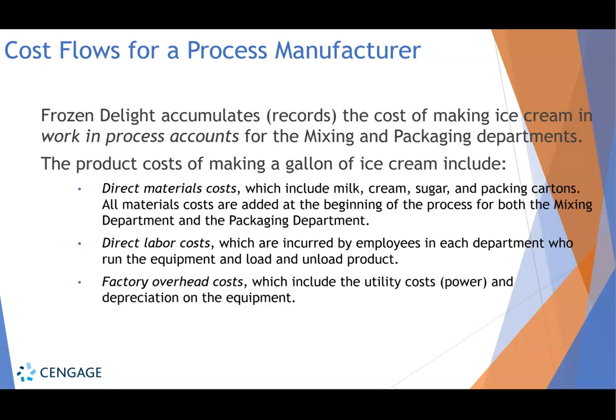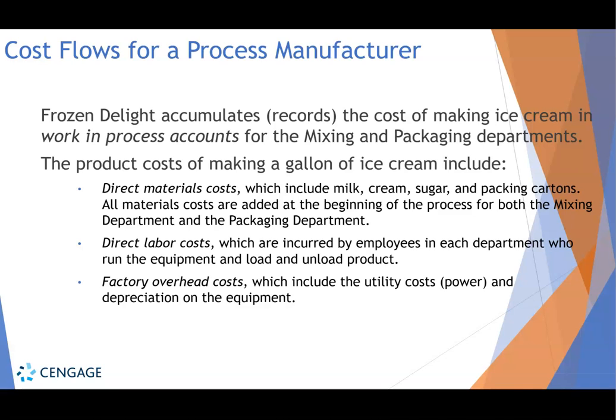Frozen Delight records the cost of making ice cream in the work in process accounts for the mixing and the packaging departments. The product costs of making a gallon of ice cream can include the direct material costs, such as the milk, the cream, the sugar, and the cartons that they use to pack the ice cream in.